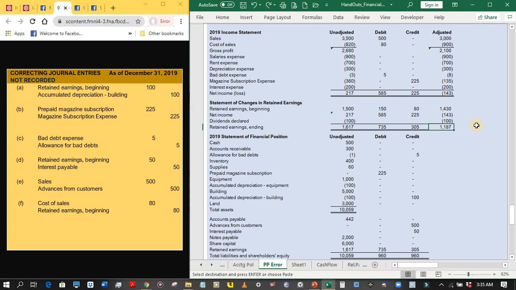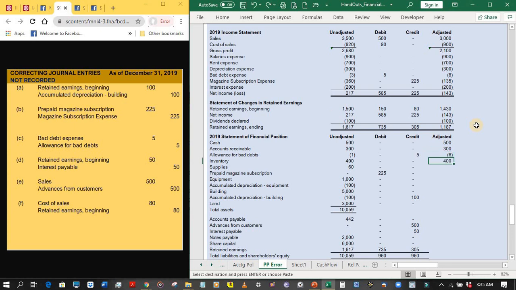Then let's proceed to the statement of financial position. So the cash balance and receivable is still the same as the unadjusted amount. So that is 500 and 300. Then the allowance for bad debts is 6 pesos, which is the restated amount at 2% of the 300 peso outstanding accounts receivable.